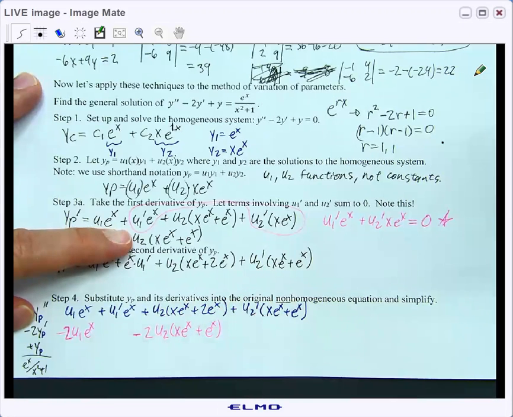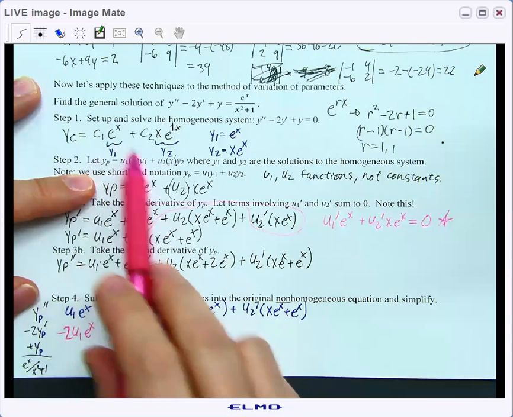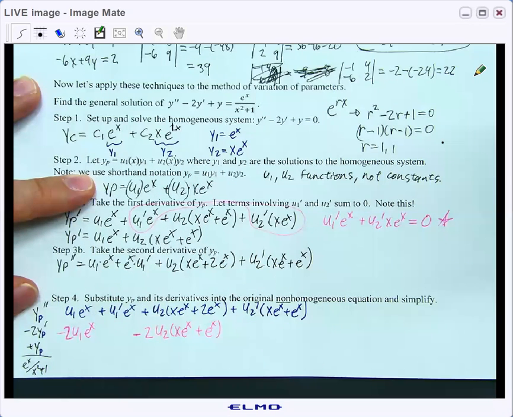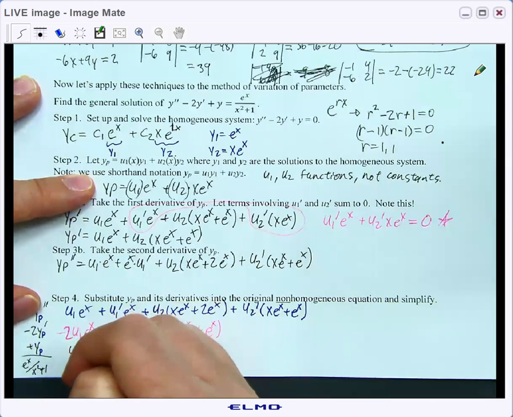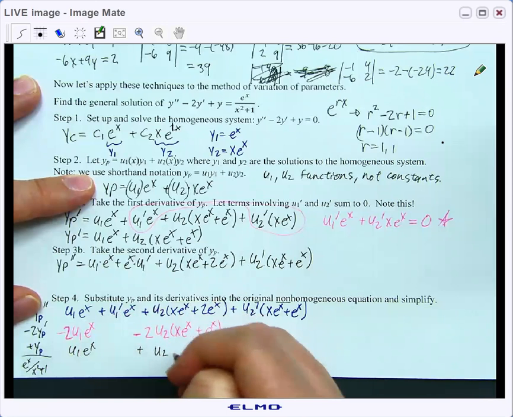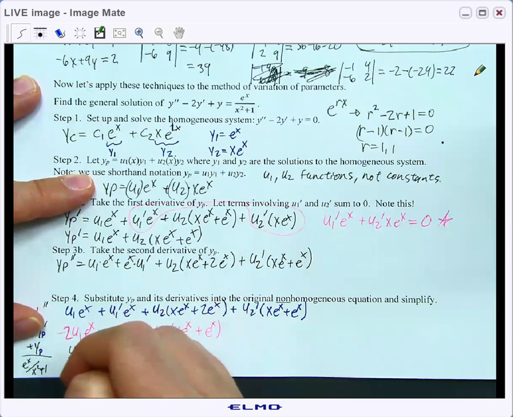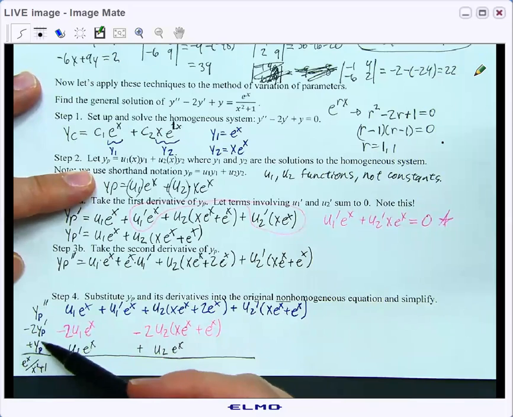Okay. And let's go back and add our original y sub p using u sub 1 times y1 and u sub 2 times y2. Let's do that in another color. How about u sub 1 e to the x plus u sub 2 e to the x. Okay. And if we add up the whole left-hand side here, it should equal this.